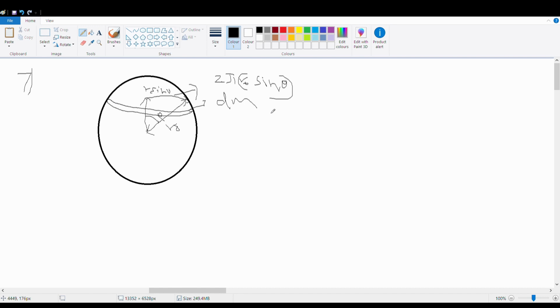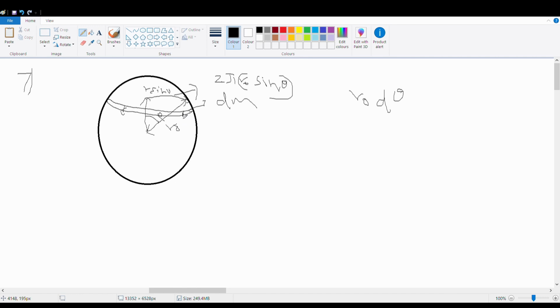And then we are also going to get the thickness over here. Now the thickness is simply r naught into d theta. That is because what I want you to think of it as is like the arc of a circle.